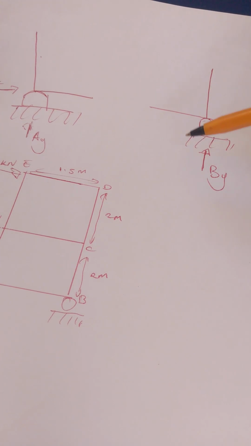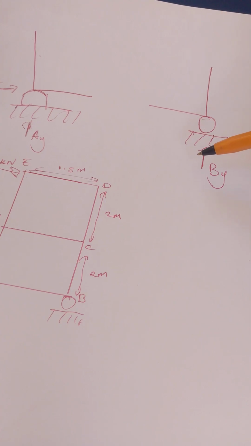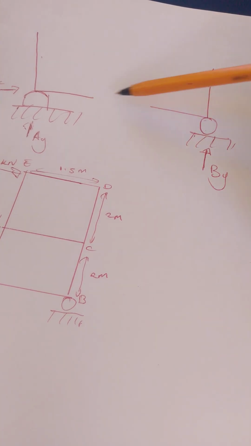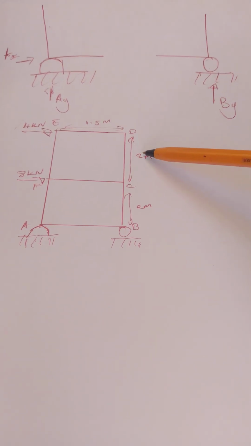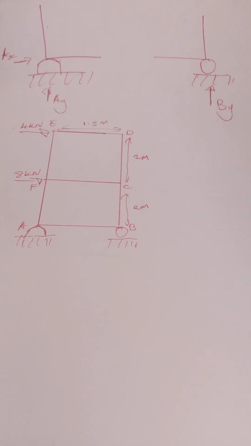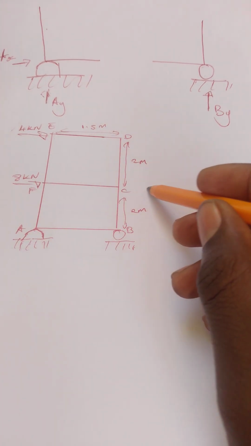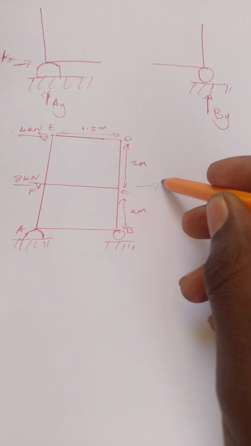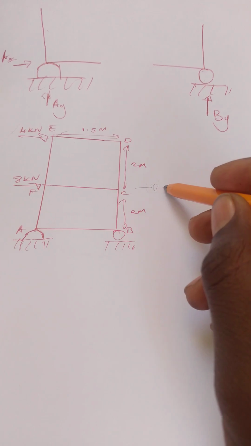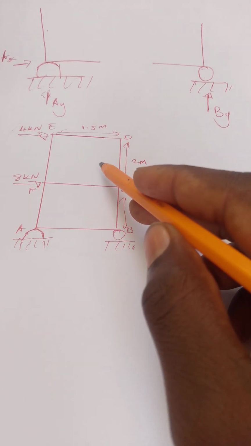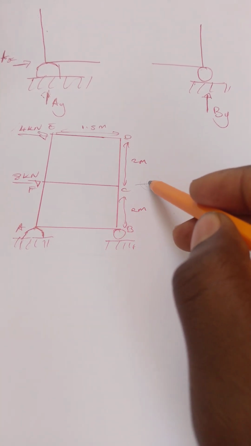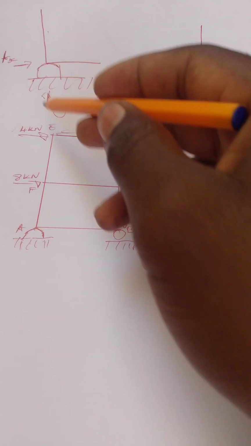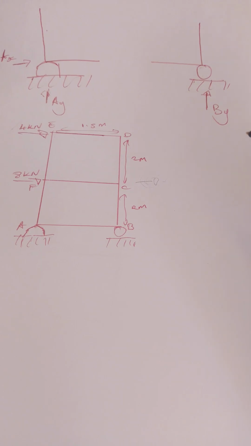You have to understand this, because in some trusses you'll be given an unknown external force, and you can use step 3 to find it.